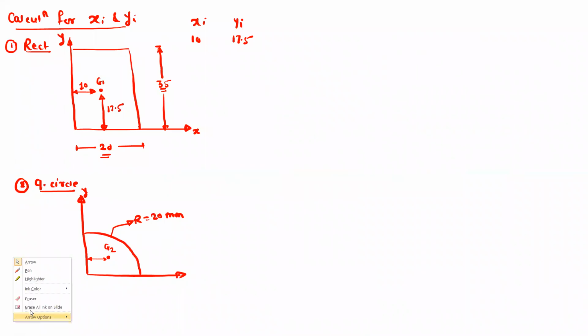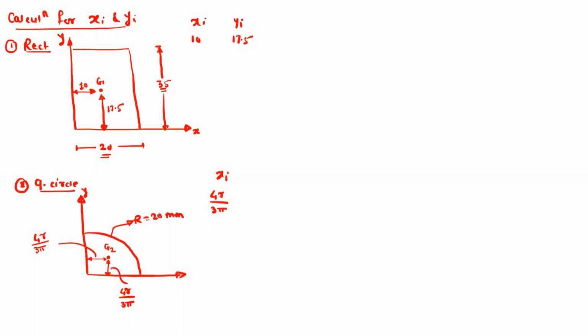In the last lecture I have given this formula for the x coordinate and y coordinate for the quarter circle. So this distance is equal to 4r upon 3 pi. And this distance with respect to the x axis is also the same, 4r upon 3 pi. So we can write xi is equal to 4r upon 3 pi.